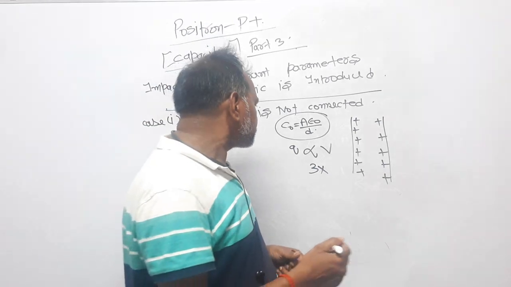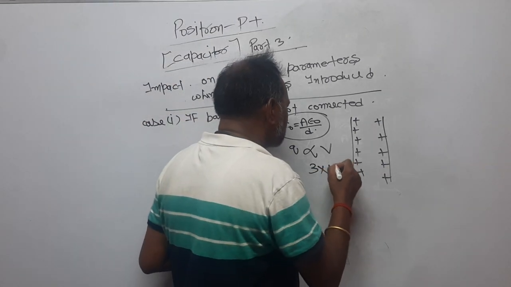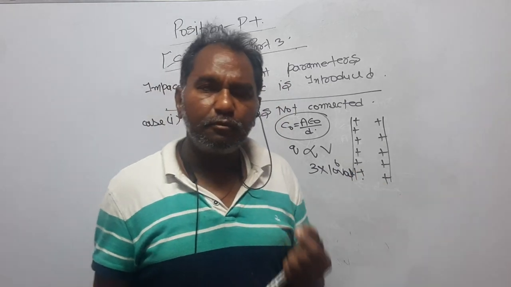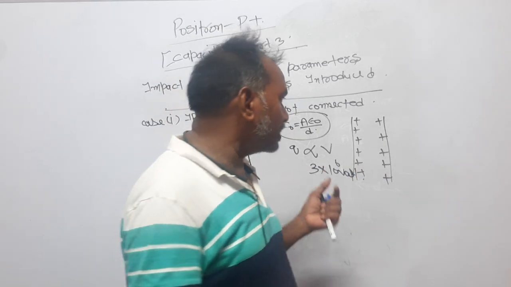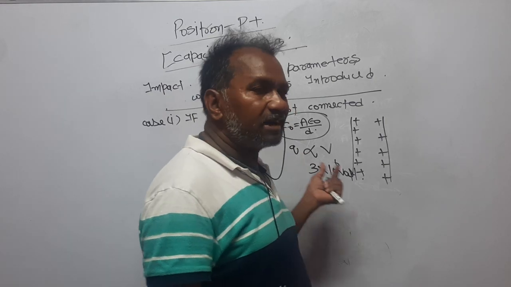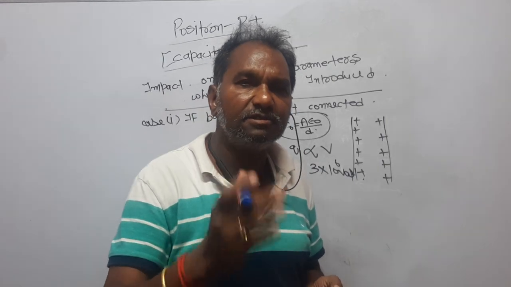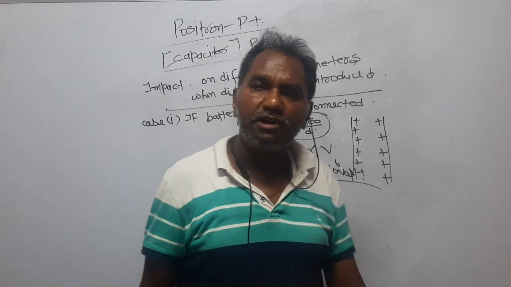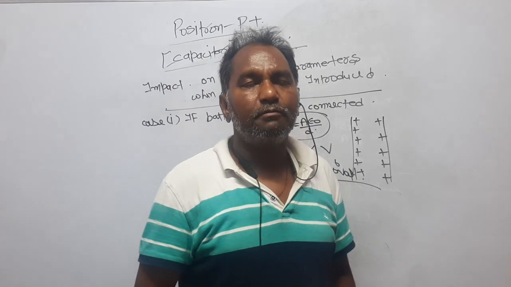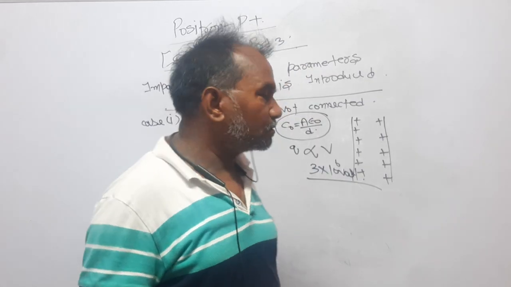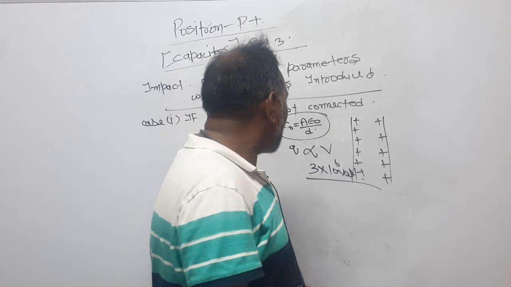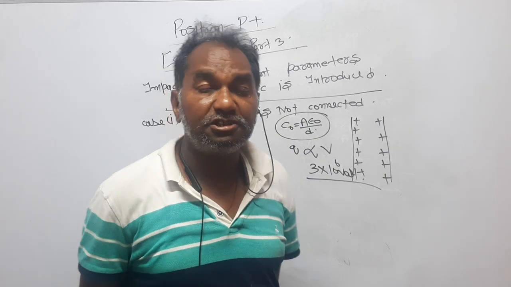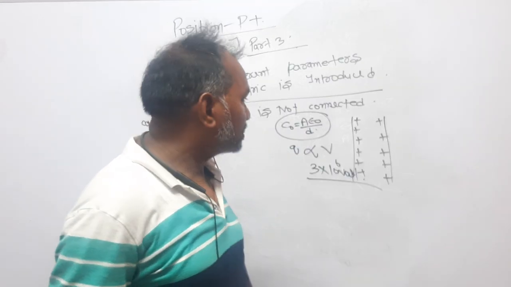If you gradually increase the charge on a body and it reaches a voltage of 3 into 10 to the power 6 volt, the body has come to breakdown, and if you further give charge to the body, the charge will leak into the air.